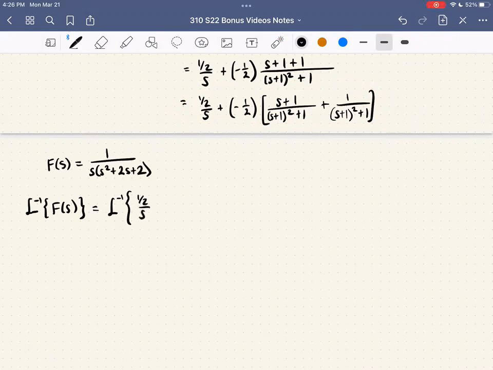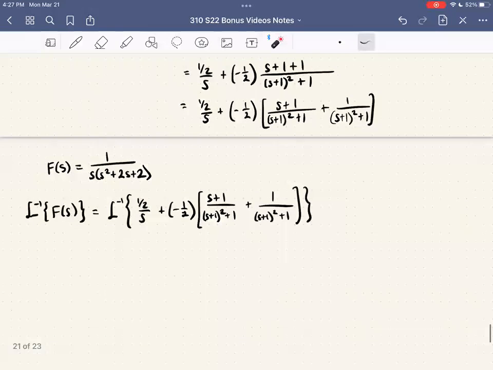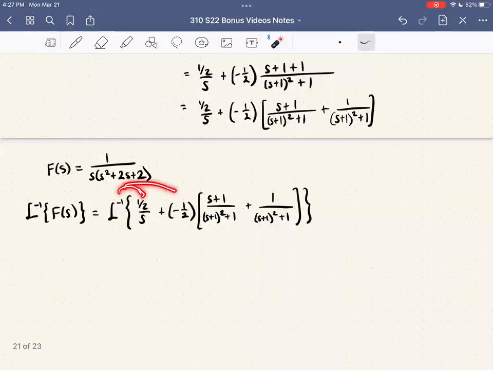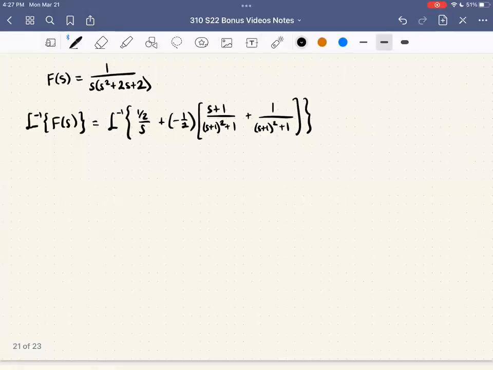So a half over s plus negative a half times s plus 1 over s plus 1 squared plus 1, plus 1 over s plus 1 squared plus 1. Now, because the inverse Laplace transform is also a linear operator, we can distribute over the addition and factor out the constants or scalar multiples.